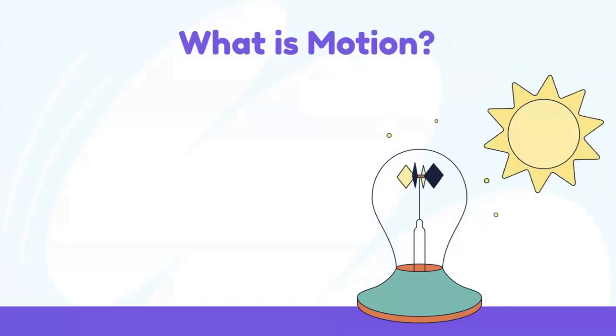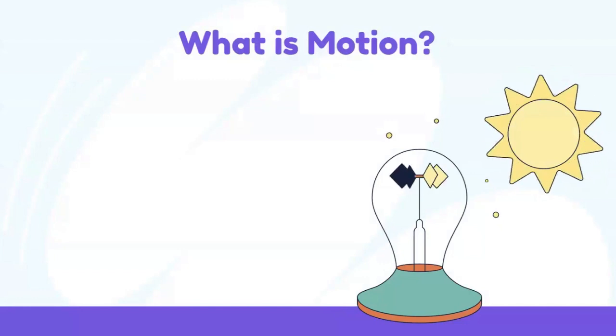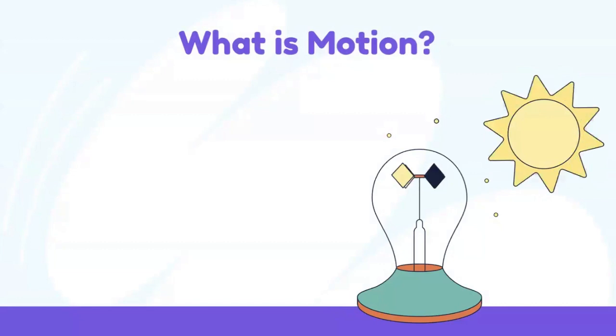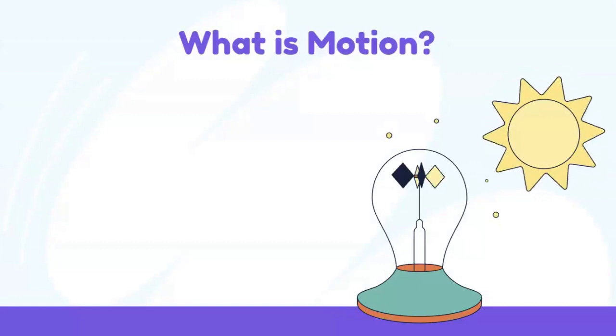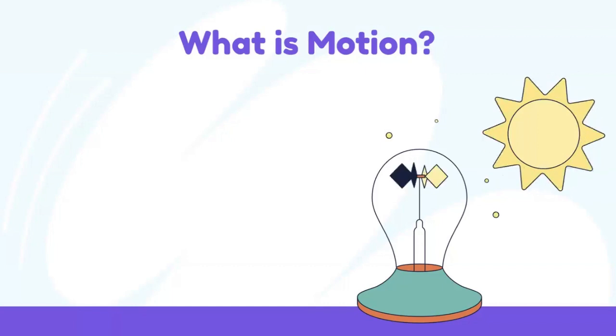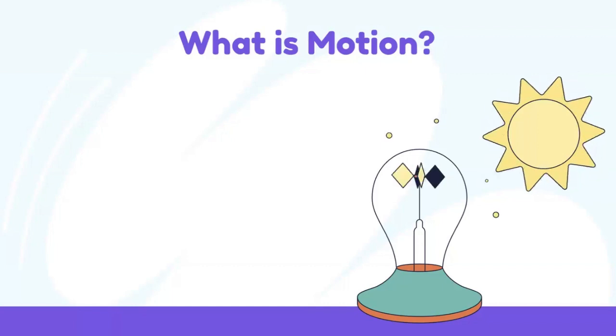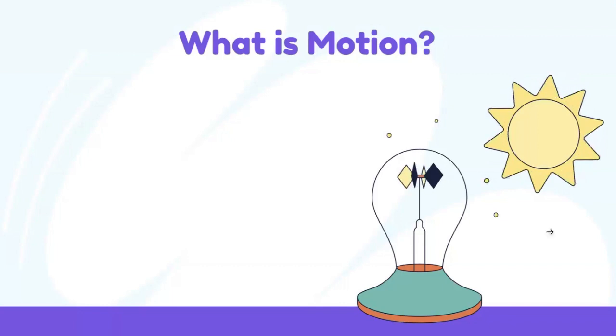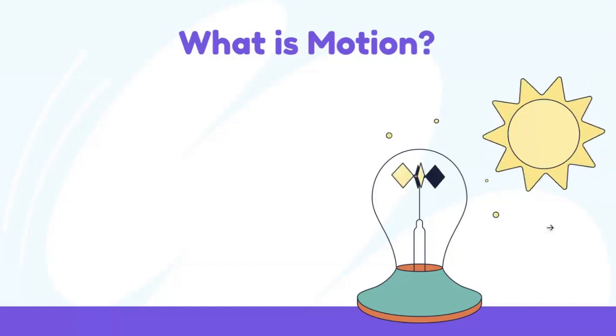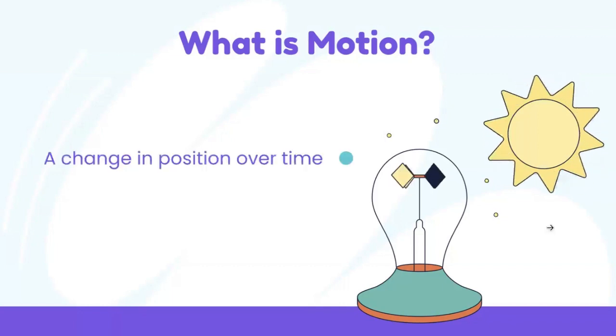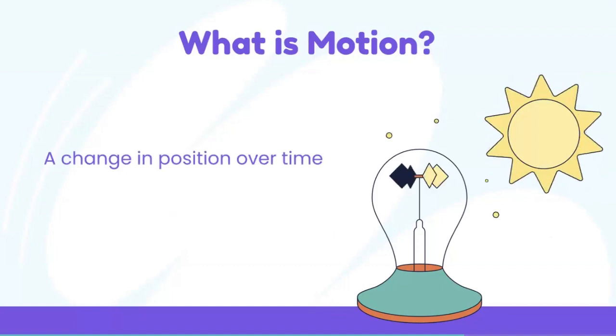In general terms, it's just changing your location. But scientifically, we're going to classify it as a change in position over time. Okay. The next question is, what is a force?